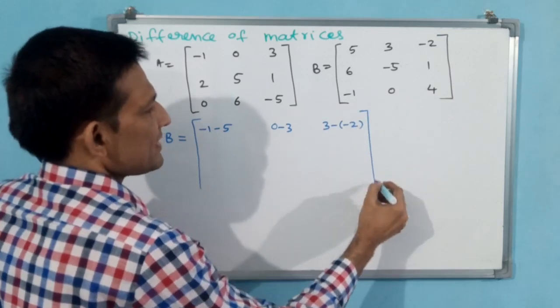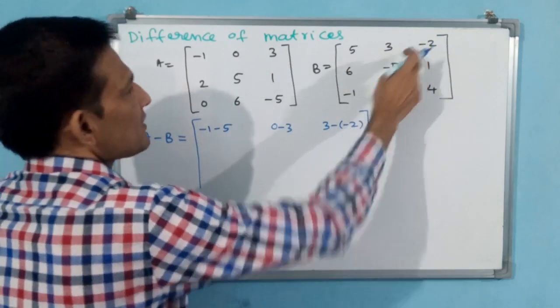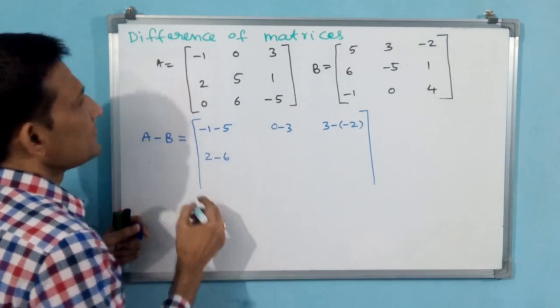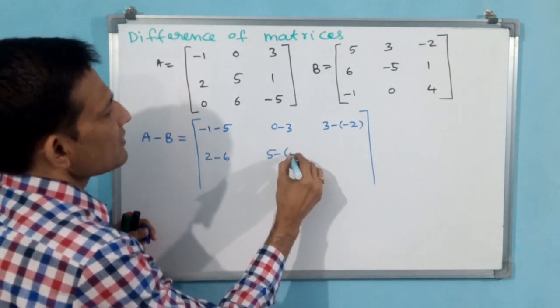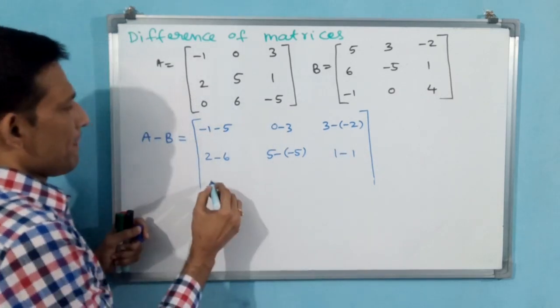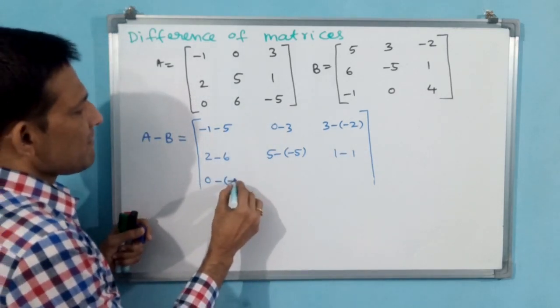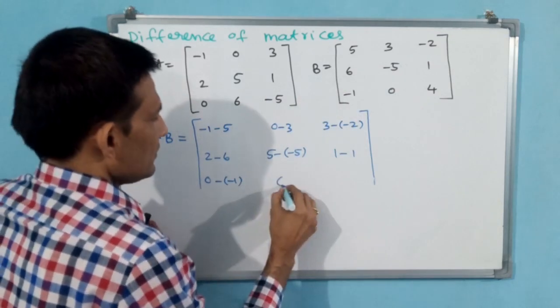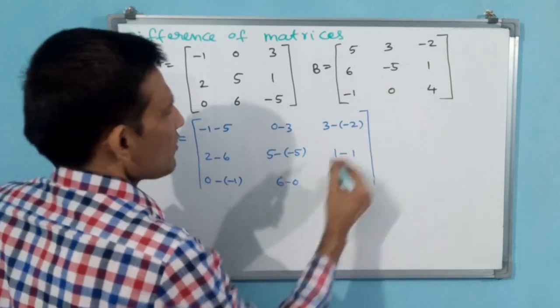That you keep in your mind. 3 minus of -2. Okay. 2 minus 6. 5 minus of -5. 1 minus 1. 0 minus of -1. 6 minus 0. -5 minus 4.